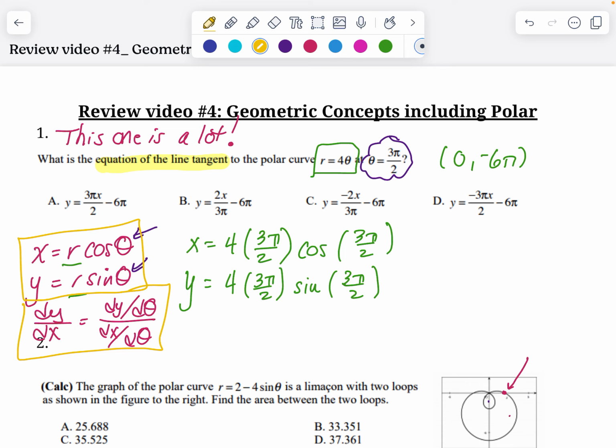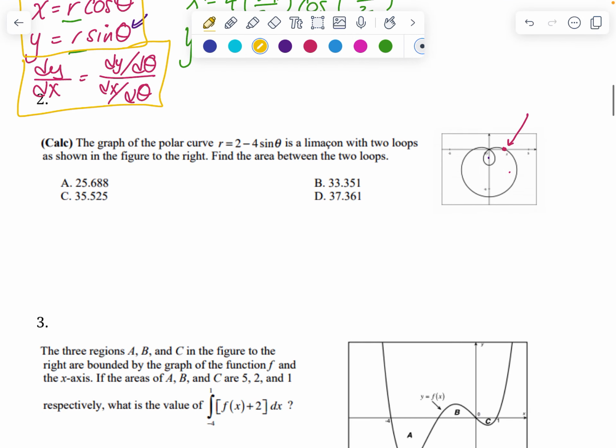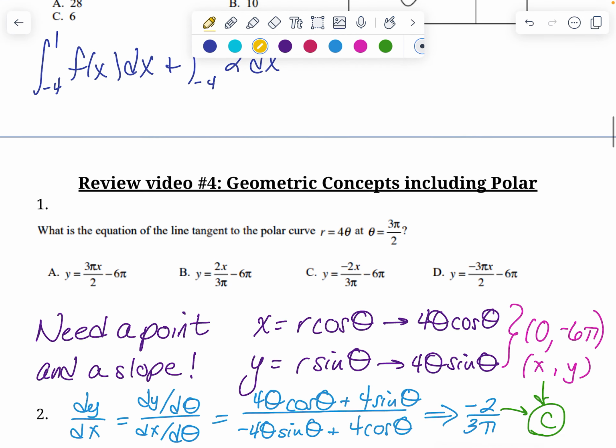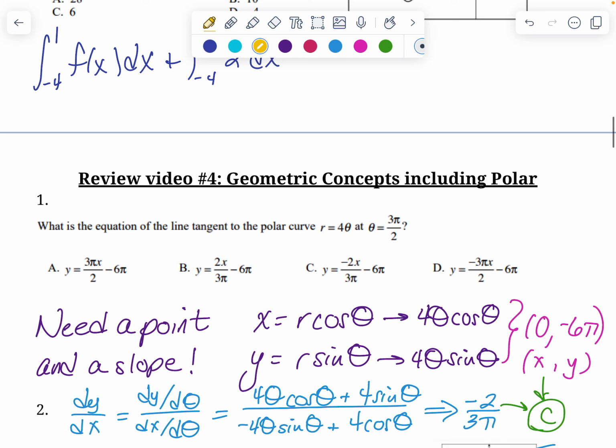So here, I'm going to scroll down. I tried to make this video shorter by having some of the writing done ahead. Down here in blue, you can see that I wrote out the derivative of y with respect to theta and the derivative of x with respect to theta. That comes from looking back at these and knowing that r is 4 theta in this case.